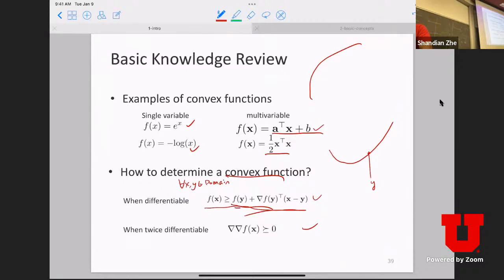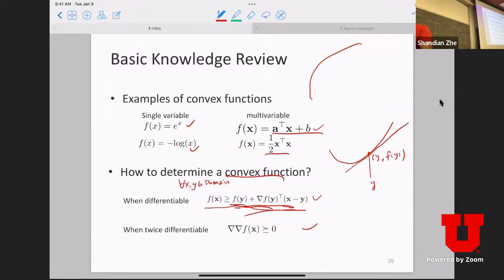The right hand side actually defines a tangent line which passes through y and f of y.